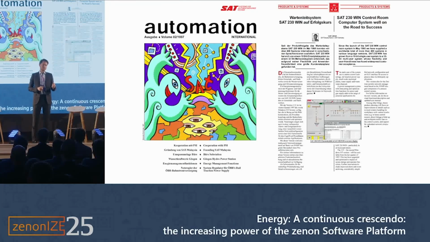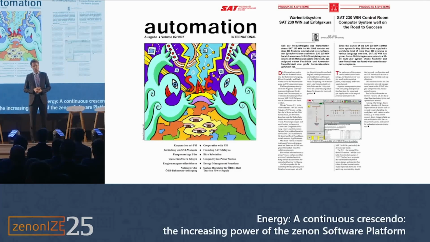And what I learned in this training course was that SAT did not develop this particular software by themselves. They brand labeled a software from a company from the Sitzenheimer Straße in Salzburg, and the core brand was actually Zenon.